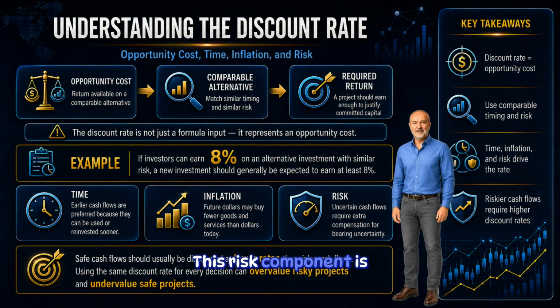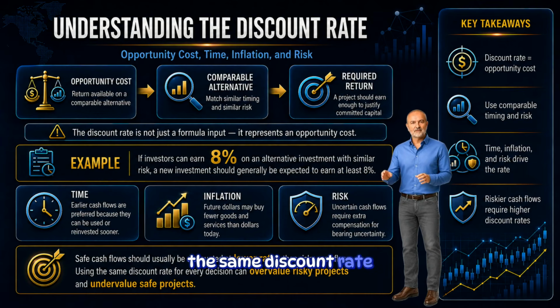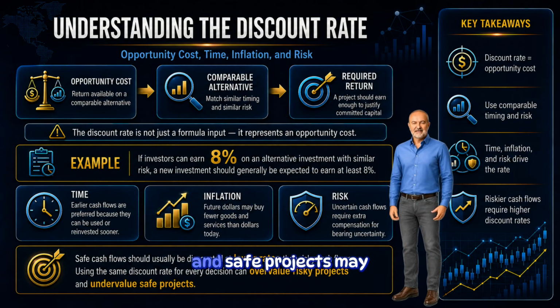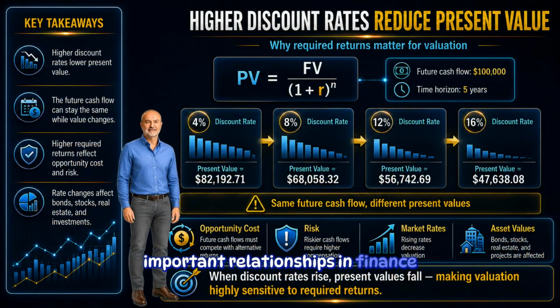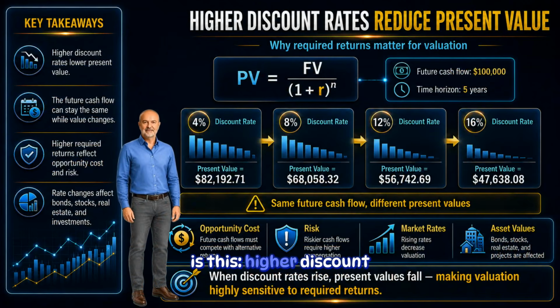This risk component is very important. A safe cash flow should usually be discounted at a lower rate than a risky cash flow. If a manager uses the same discount rate for every decision, risky projects may be overvalued and safe projects may be undervalued.